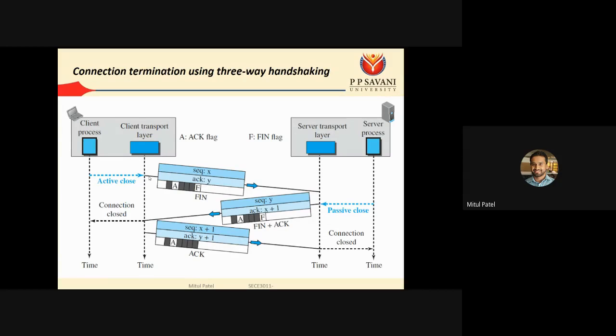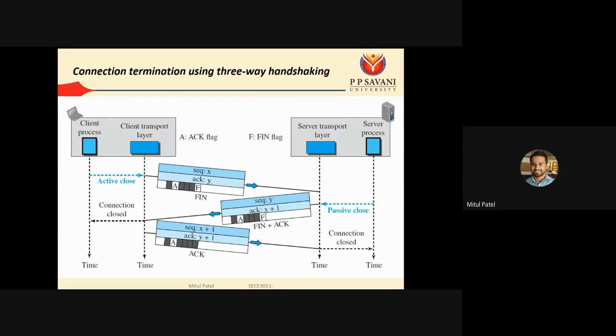So the client process will send the active close request to the client transport layer. That means whenever the client transport layer receives the active close request, it has to terminate the connection. For terminating the connection also we require three segments: the fin segment, fin plus acknowledgement, and acknowledgement. To terminate the connection, we have to send three packets.